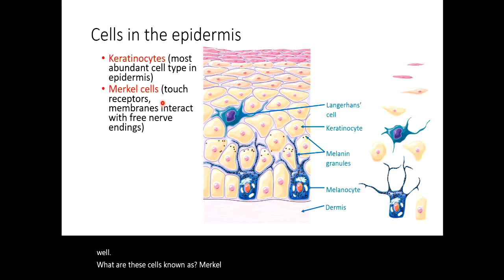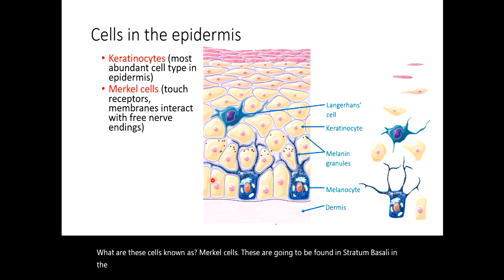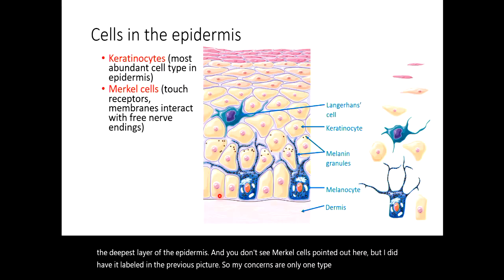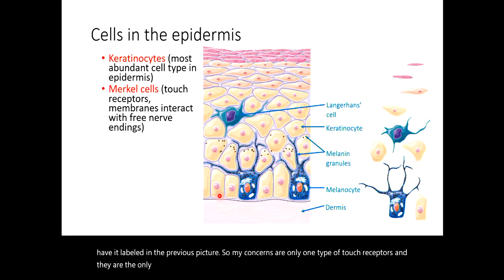These are going to be found in stratum basale, in the deepest layer of the epidermis, and you don't see Merkel cells pointed out here, but I did have it labeled in the previous picture. So Merkel cells are only one type of touch receptors, and they are the only touch receptors seen in the epidermis, right? The other receptors, we'll talk about it when we get to the dermis.